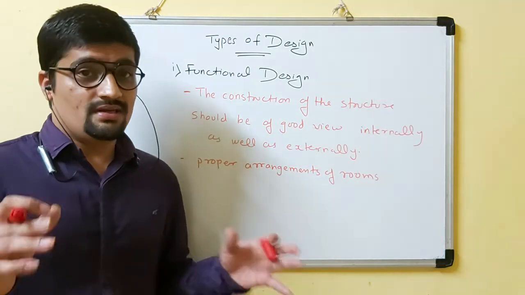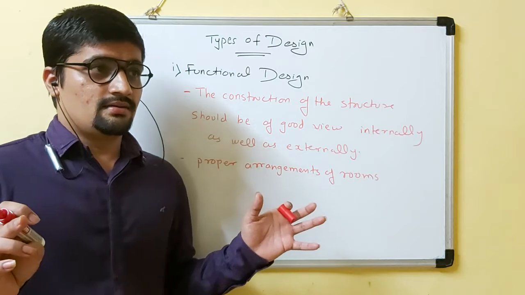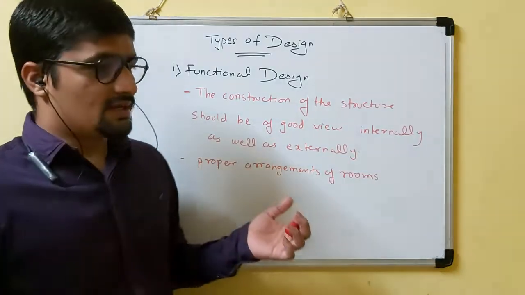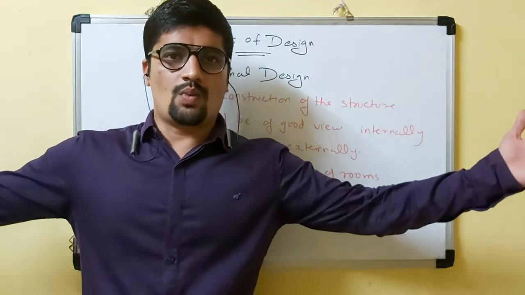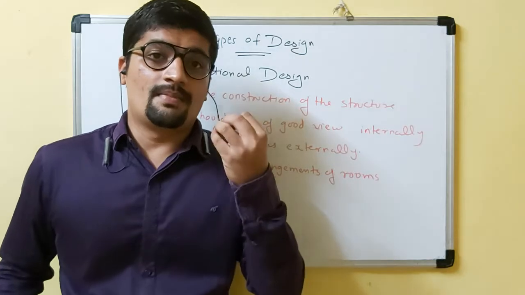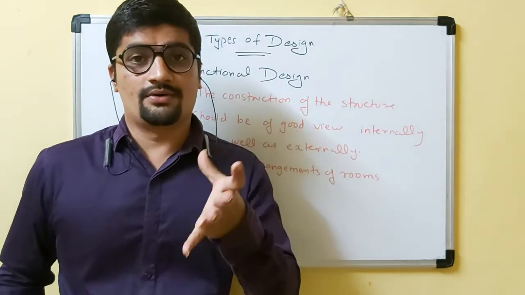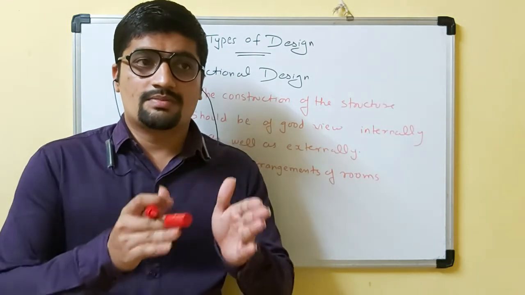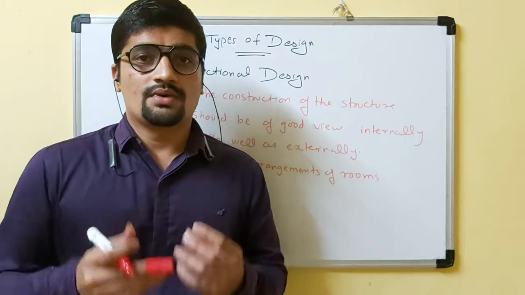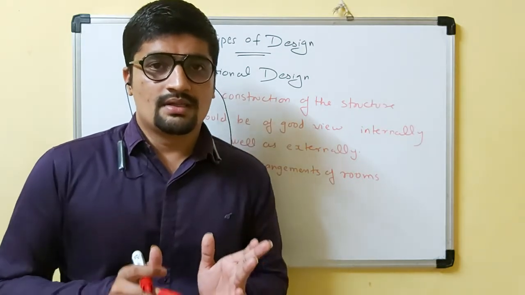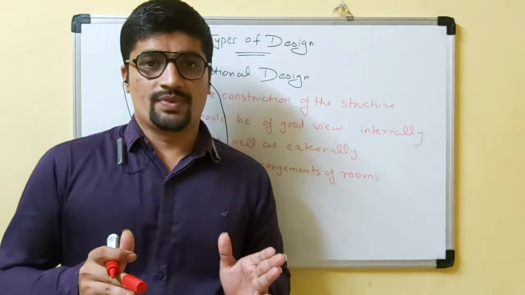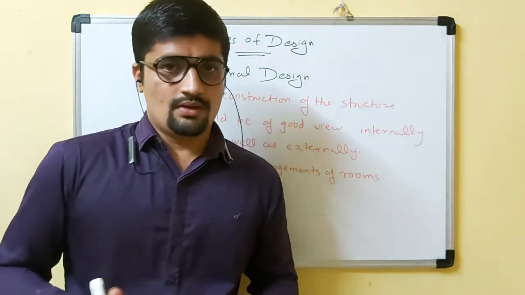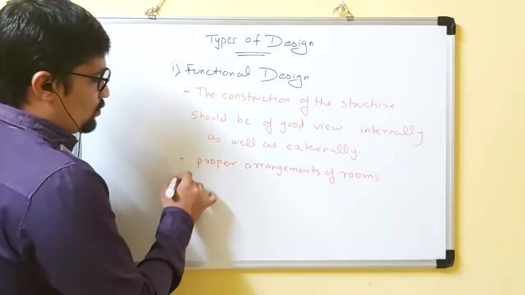Some clients say I want to make a drawing room very vast, but they don't know about the bylaws. They haven't knowledge about the bylaws. We have to tell the client that this cannot be done as per their requirements. We also need to focus on the building bylaws. They have given some dimensions of the room, that it should not be less than this and it should not be greater than this. Okay, proper arrangements of rooms.